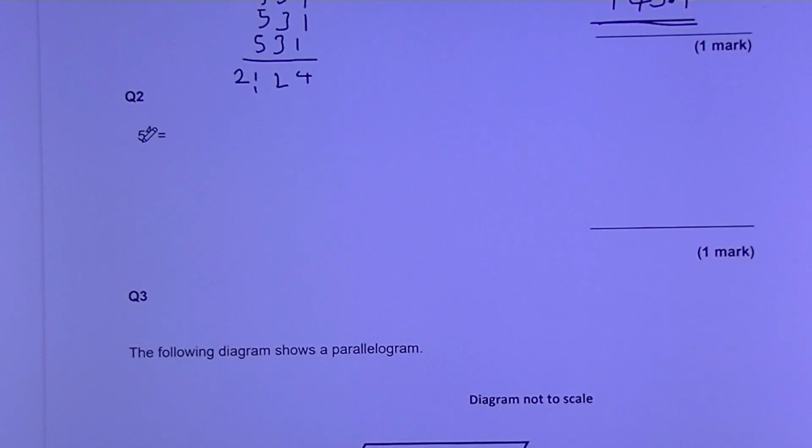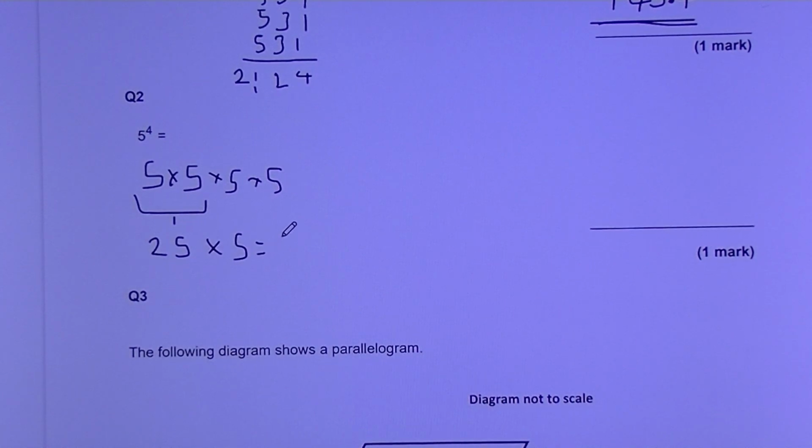Question 2, 5 to the power of 4, which basically means 5 times 5 times 5 times 5. 5 times 5 is 25. Times by 5 is 125.